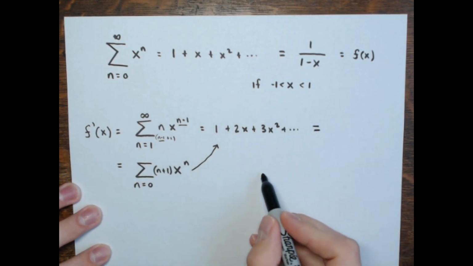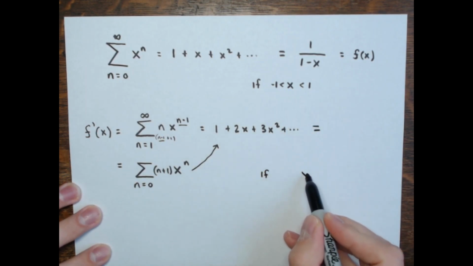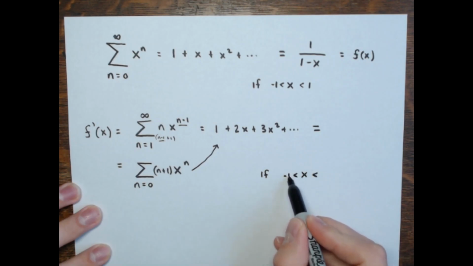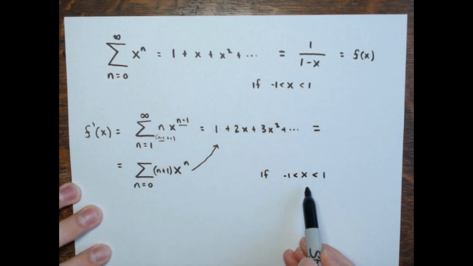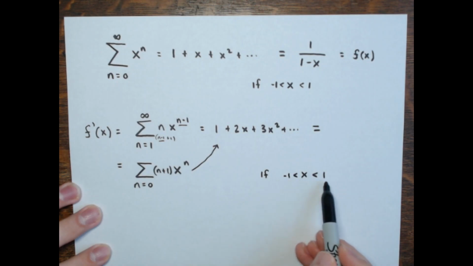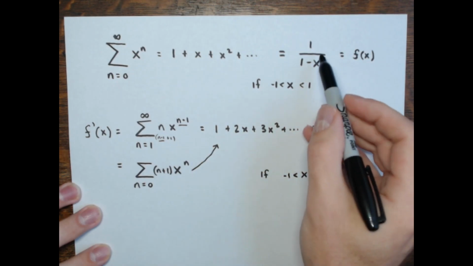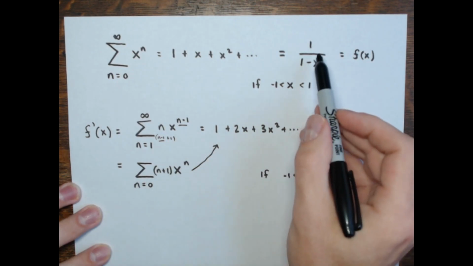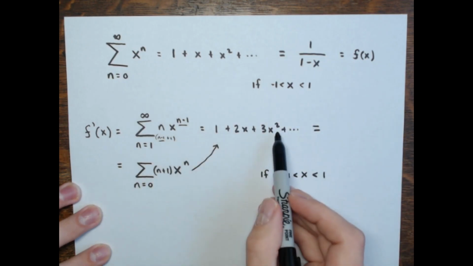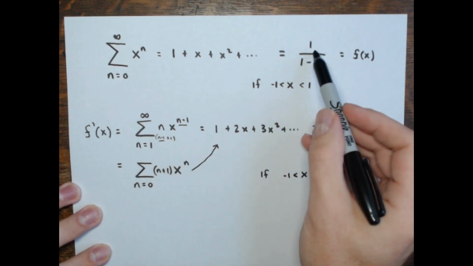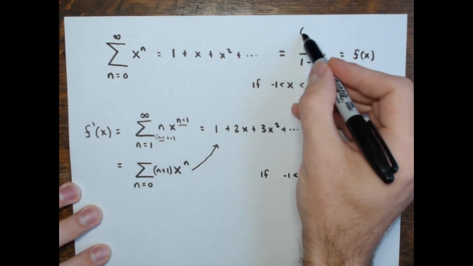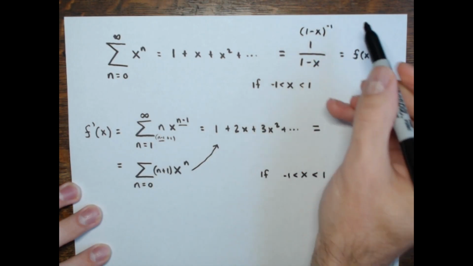And again, as long as x is between -1 and 1, you have the same interval of convergence, but we might have to check the ends. This power series will converge to the derivative of this. Now this is 1 minus x to the -1.